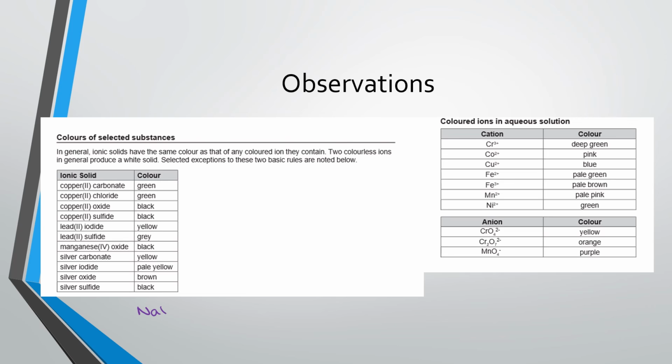Sodium hydrogen carbonate being a solid, I check my colours of selected substances, it's not there. I check my coloured ions in aqueous solution, it's not there, so it's a white solid. And sodium sulfate, check my coloured ions in aqueous solution, is a colourless solution.